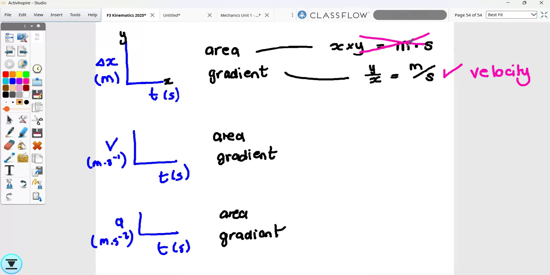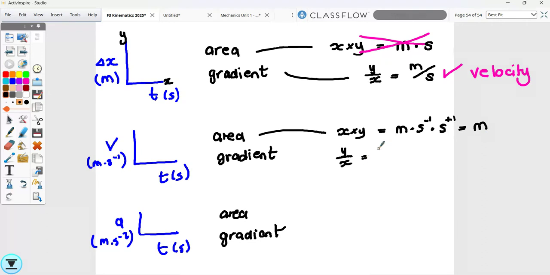Then, you can go and learn it, but if you forget in an exam, stress, I always say, makes your brain go all weird. Here, area again is x times y, gradient is y divided by x, so here it's going to be meters per second already, and now we're going to times that by seconds, which means the plus 1 and minus 1 cancel each other, we end up with meters.